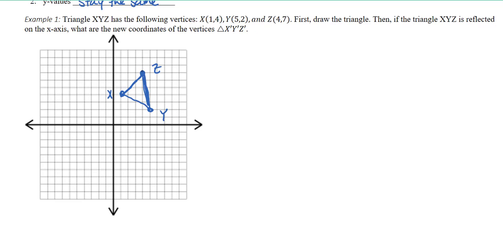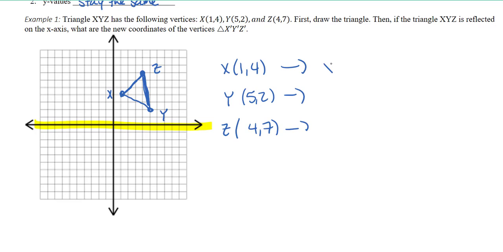So now what happens if we're going to reflect it upon the x-axis, which is right here? We have Y, (5, 2), Z, which is (4, 7). If we reflect it, we get X prime, Y prime, Z prime.